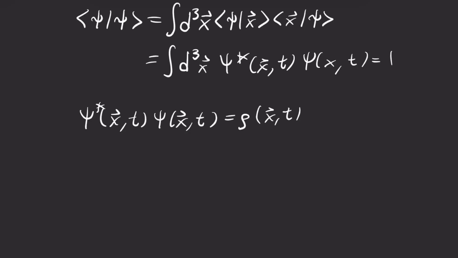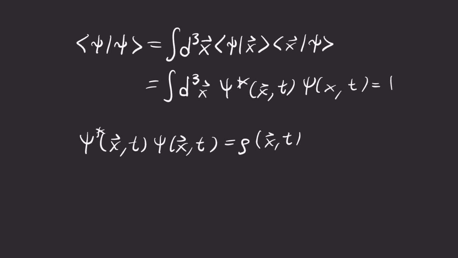So I can calculate the probability that an electron will be in some region of space, or the probability that the electron will be within some range of momenta, or the probability that the electron will have some energy by simply integrating or summing over those particular regions.